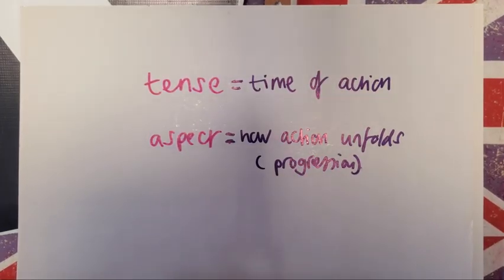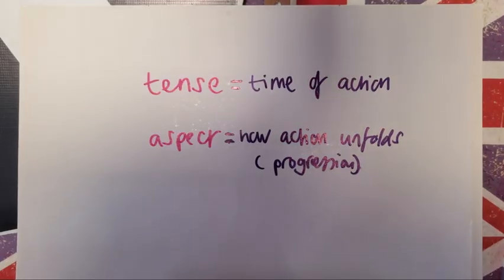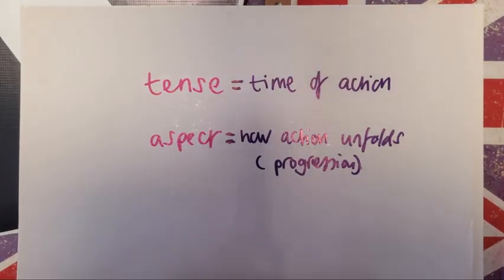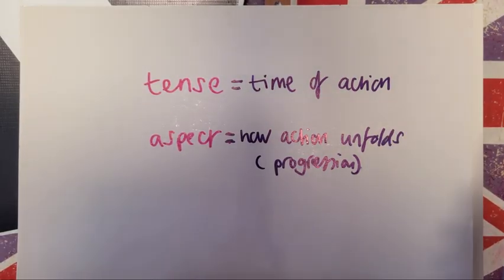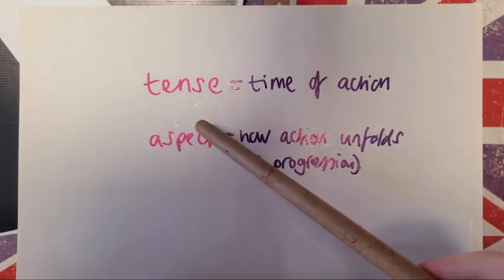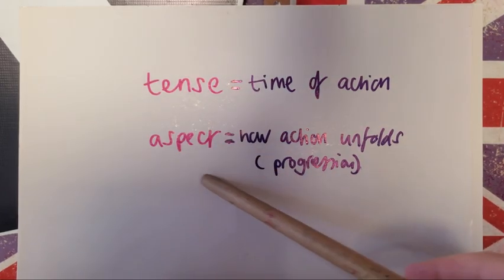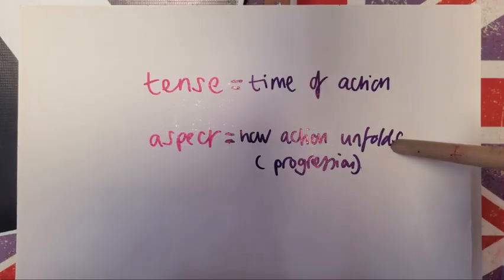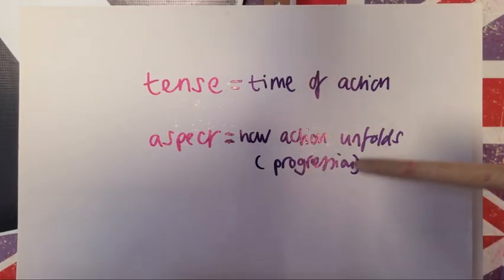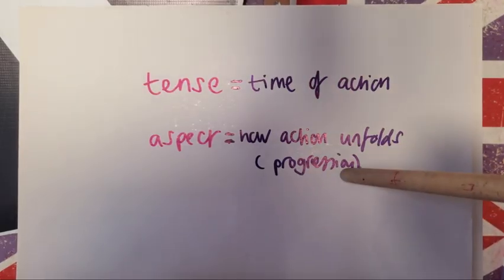Another grammatical term. Well, tense is just the time of the action, whether it was, say, in the past or the present. An aspect is a breakdown of how the action unfolds, or progresses, if you like.